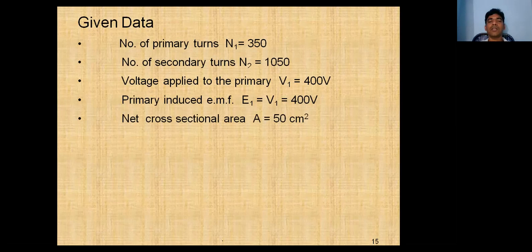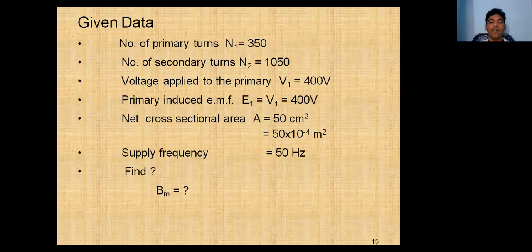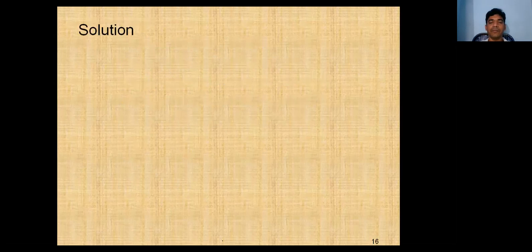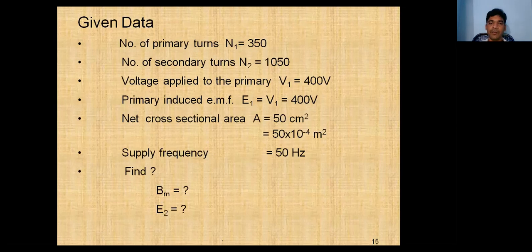The net cross-sectional area is 50 centimeters square, that is equal to 50 into 10 to the power of minus 4 meters square. Supply frequency is 50 Hz. Find out Bm and E2.